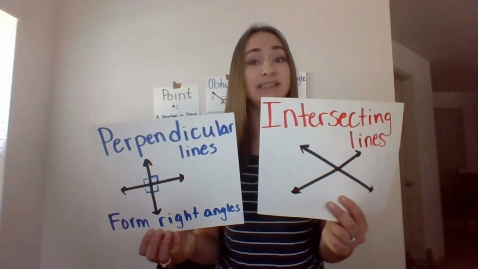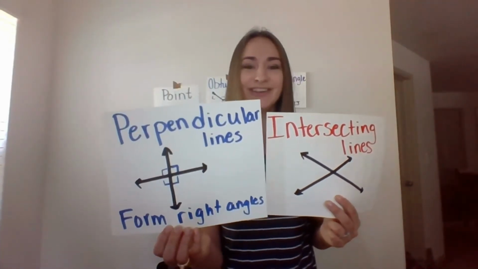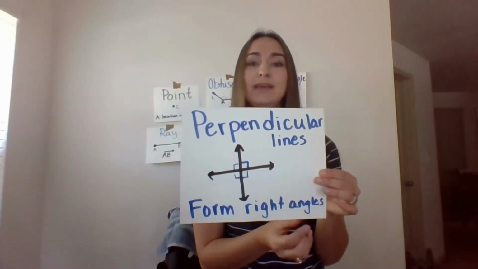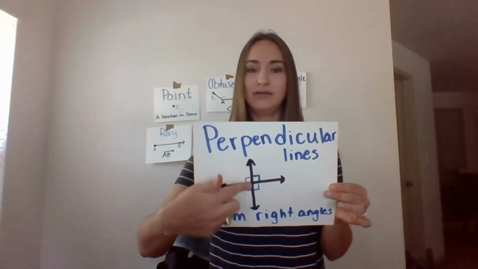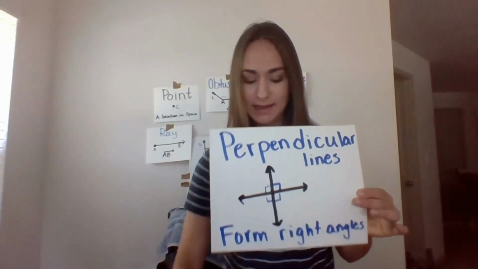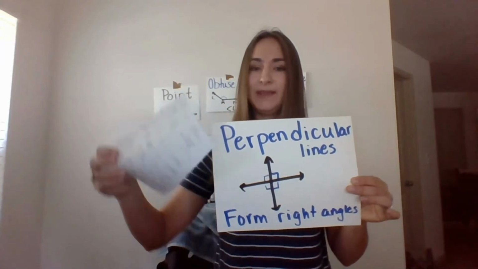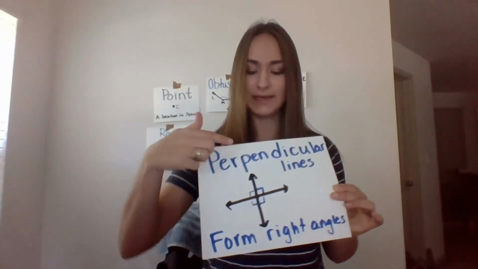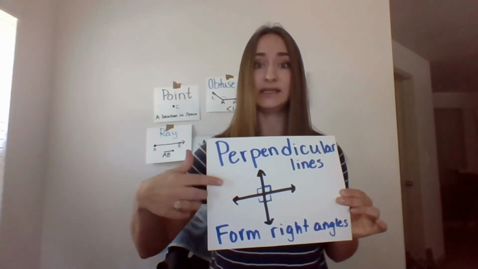Perpendicular lines form right angles when they cross. Notice it makes a T shape or a cross shape. We can check with our paper. Is that a right angle? Oh, it is. Is it making that L? Yes, it is.